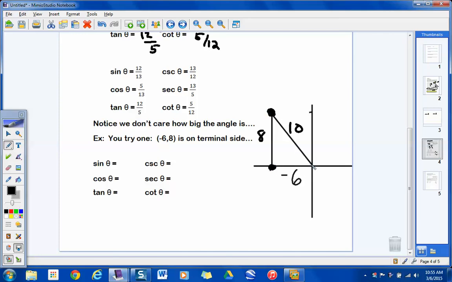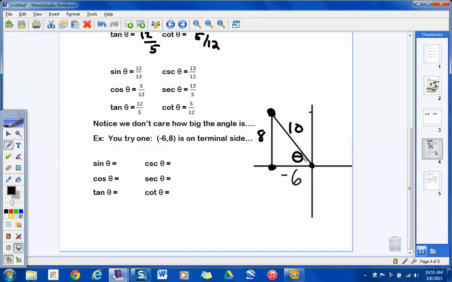Sine would be 8 over 10. Here's your angle. You guys finish it up and I'll see if we agree. All right, how about your sine, kiddos? 8 over 10.